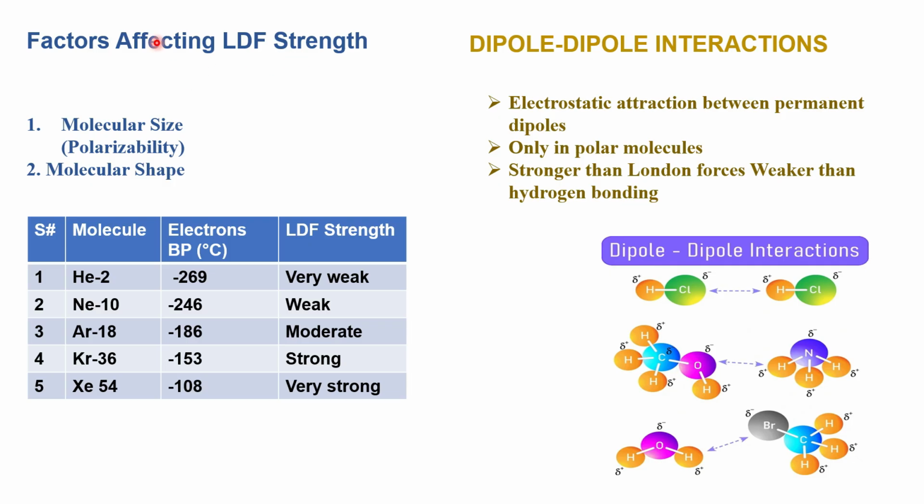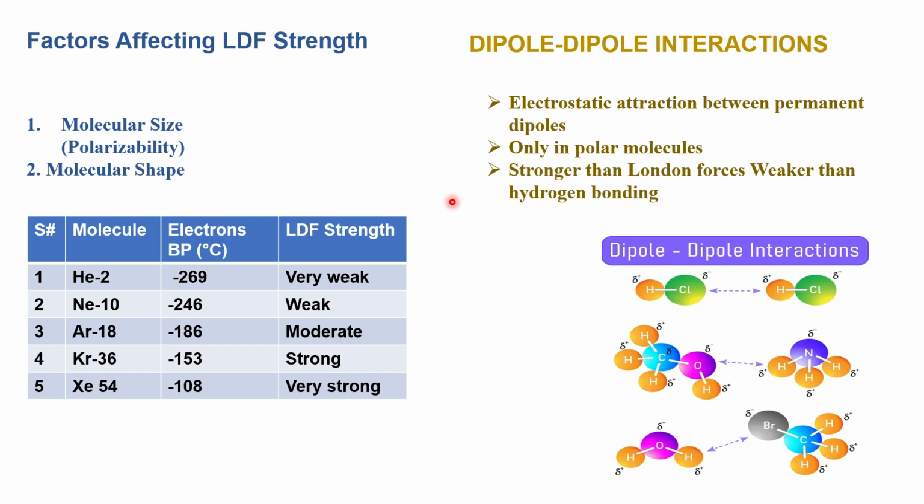Factors affecting the London dispersion forces. The strength of the London dispersion forces increases with the polarizability, which depends on the size of the electron clouds. Larger atoms with more electrons are more easily distorted, leading to stronger dispersion forces. Molecular shape also matters.